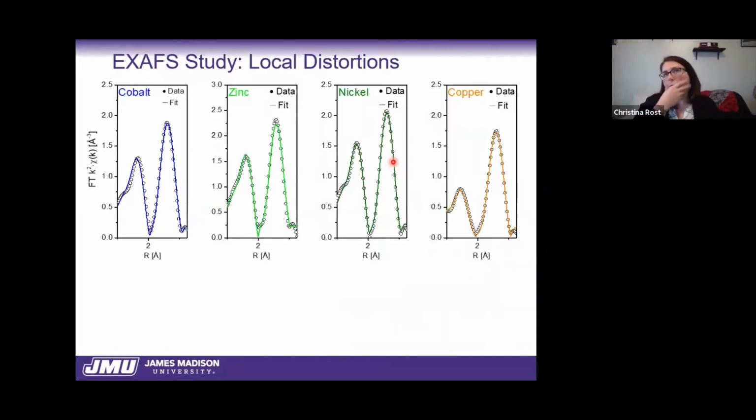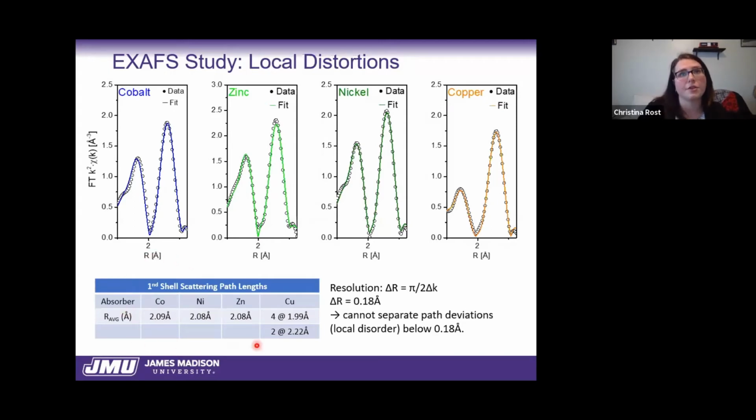So looking at our first nearest neighbor fit, here are our total fits for cobalt, zinc, nickel, and copper. If we look at the first shell scattering paths, the information we got was kind of interesting. Right off the bat, we can see that copper is clearly distorted. That's not uncommon considering Jahn-Teller distortion in copper oxide octahedra. If we look at the cobalt, nickel, and zinc, we can only determine a single average bond length.